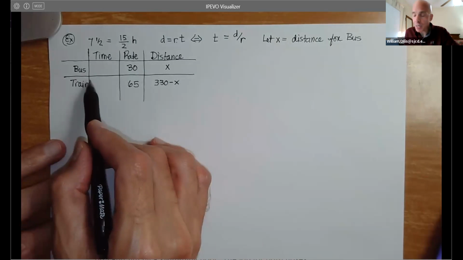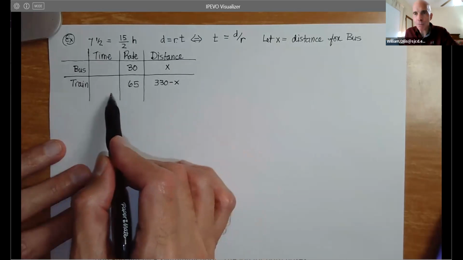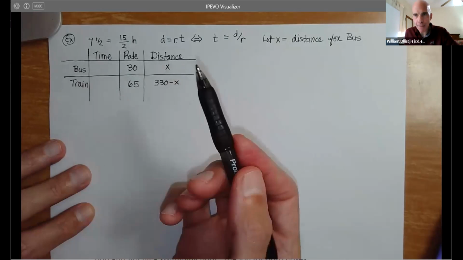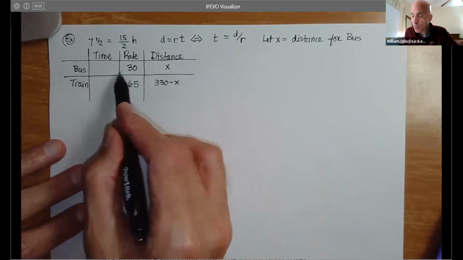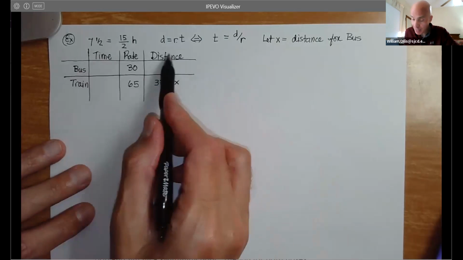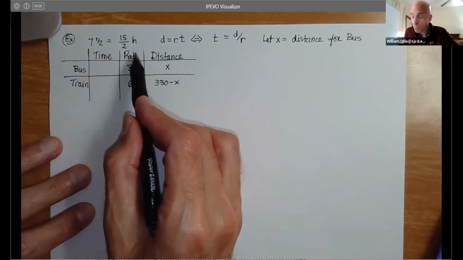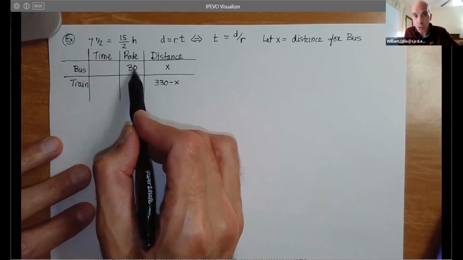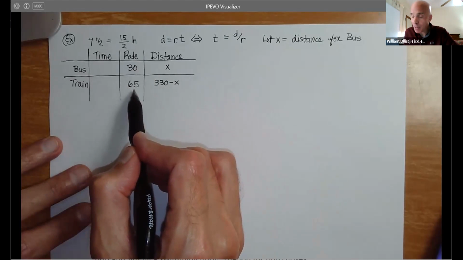Now, that just sets up the particulars for the chart. And this is what I like about these problems: this kind of organization makes the work a lot more simple, and that way you don't forget what you're doing. So for the bus, we have time, rate, distance, likewise for the train. In the given, the rate for the bus was 30 miles per hour and the rate for the train was 65 miles per hour.